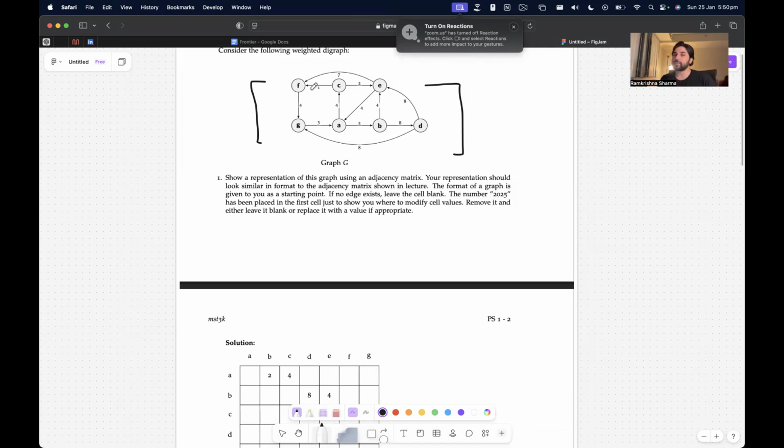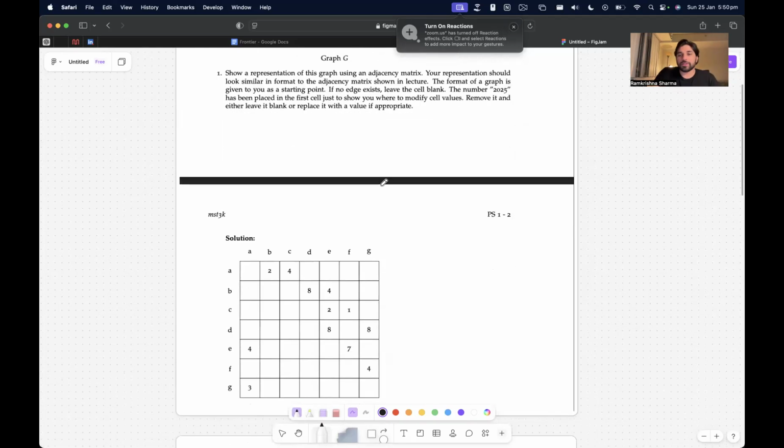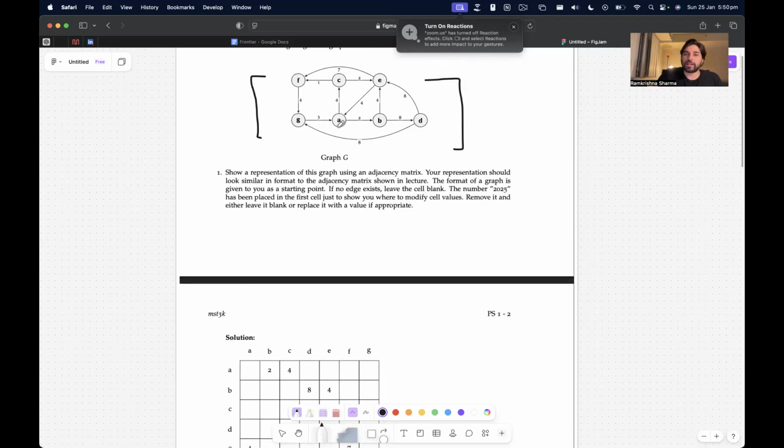That's why the space complexity of an adjacency matrix is n squared, where n is the number of vertices. Hopefully that's self-explanatory. If there's a connection between X and Y, go to row X, column Y, and put the edge weight down. If the graph doesn't have edge weights, simply represent a connection as a 1.